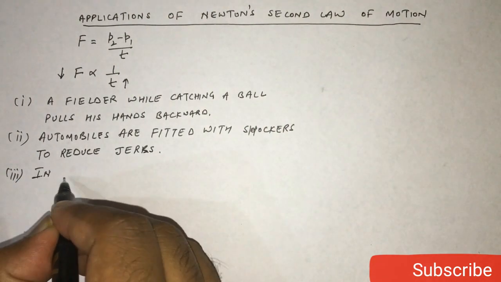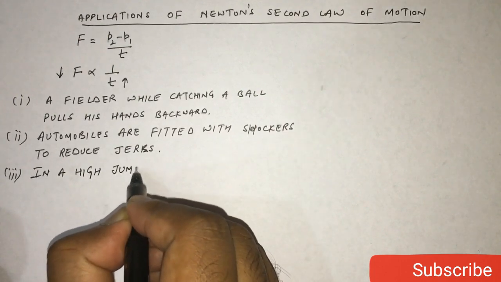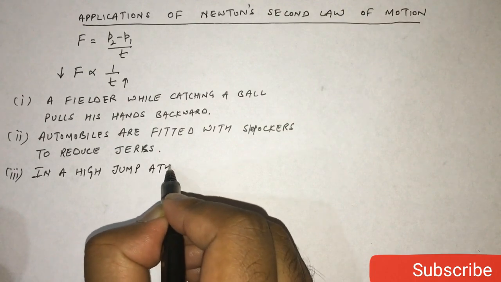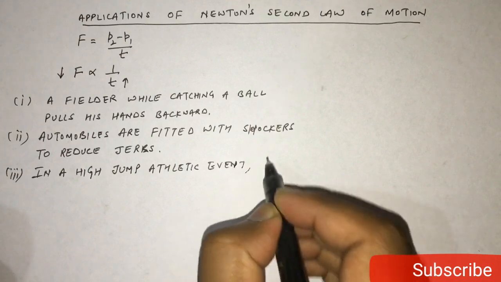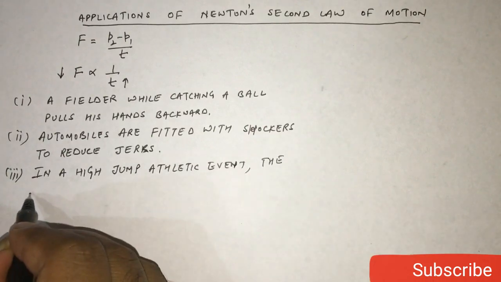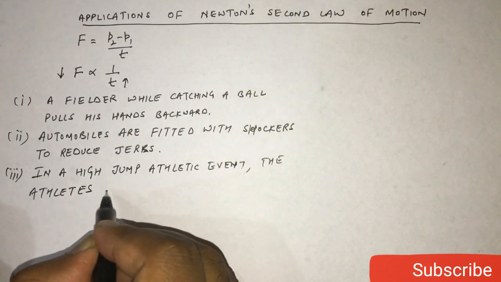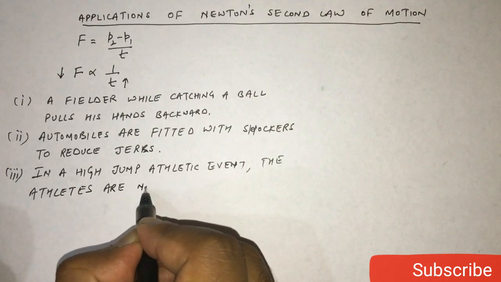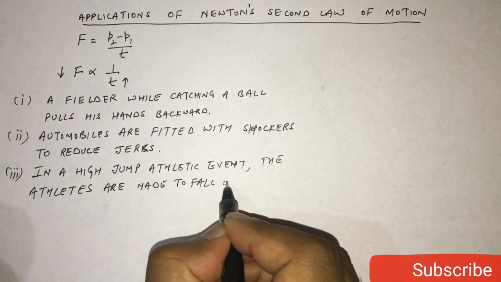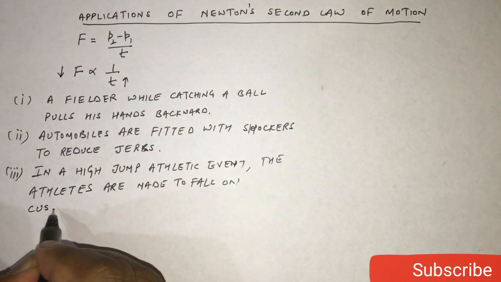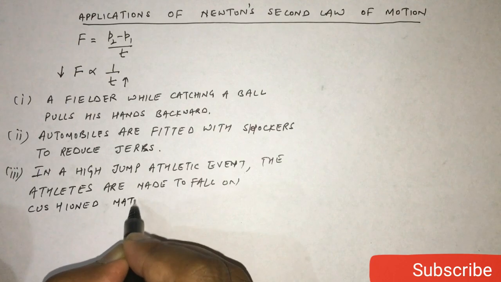Now the third application. In a high jump athletic event, the athletes are made to fall on a cushioned mattress.